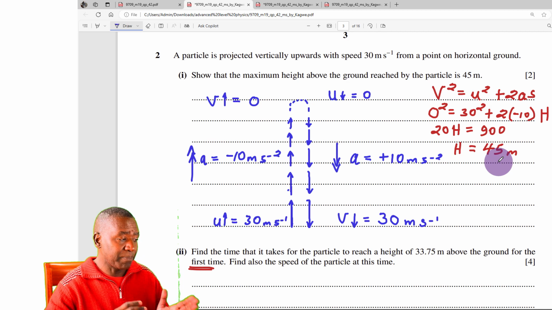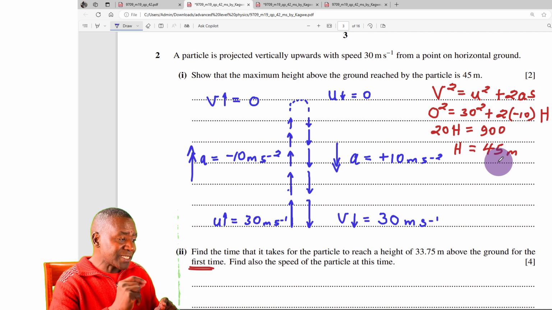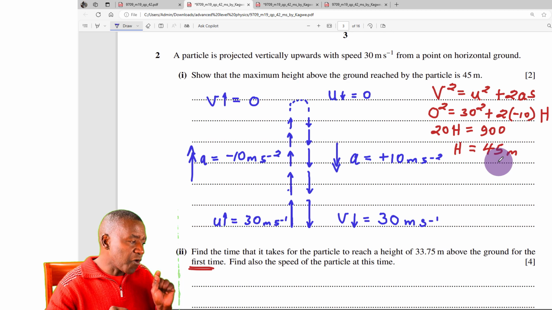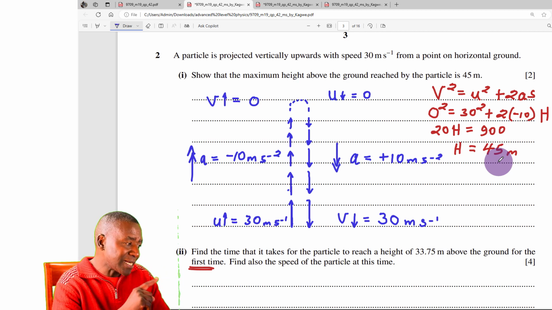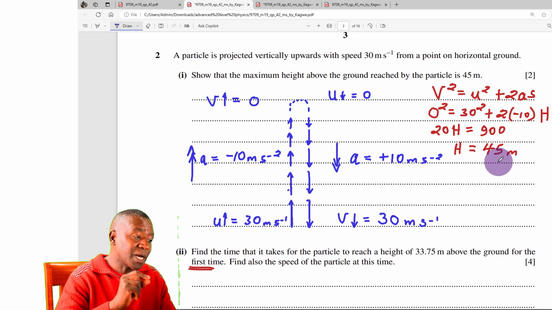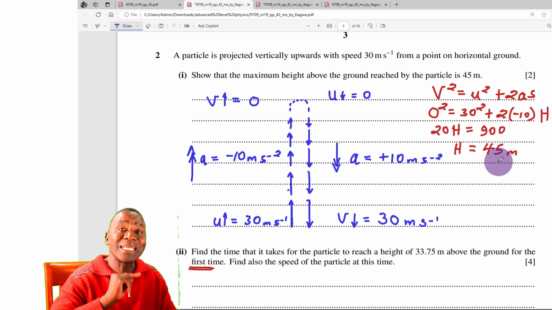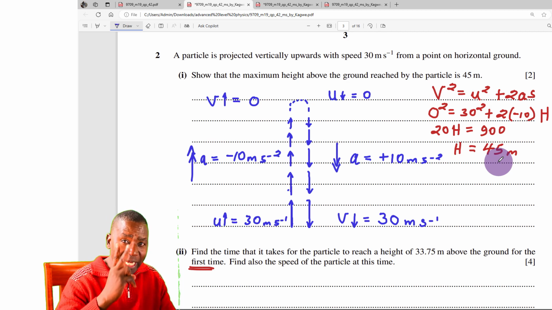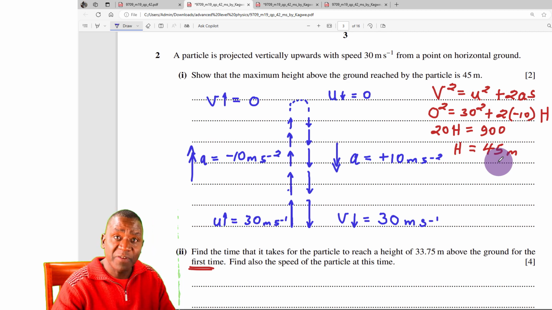Let's look at the second part where we are asked, find the time that it takes for the particle to reach a height of 33.75 meters above the ground for the first time. I have underlined that for the first time because it comes back to the same height a second time, this time when it is moving downwards. So there are two times when its displacement is 33.75.